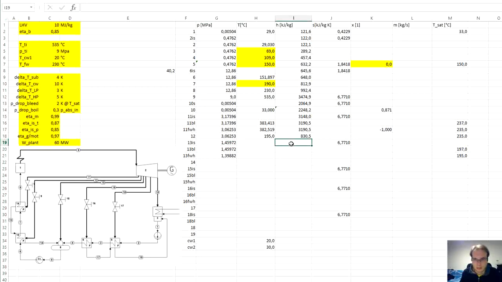Now we have the pressure, we have the entropy for the constant entropy change, so enthalpy is a function of these two. That's what's here.